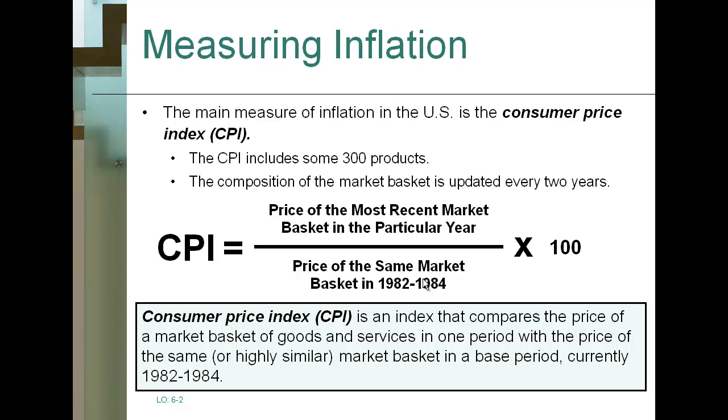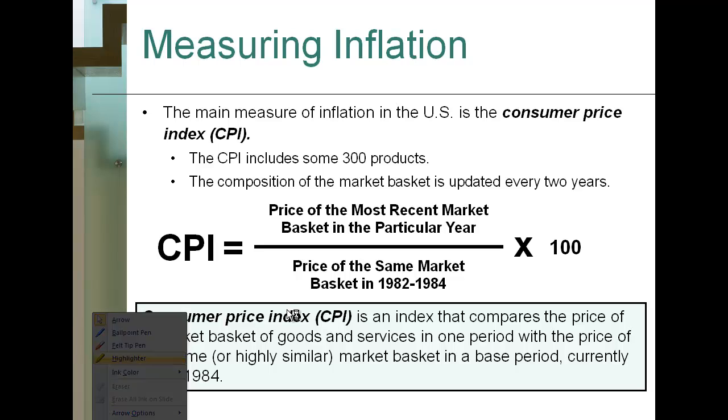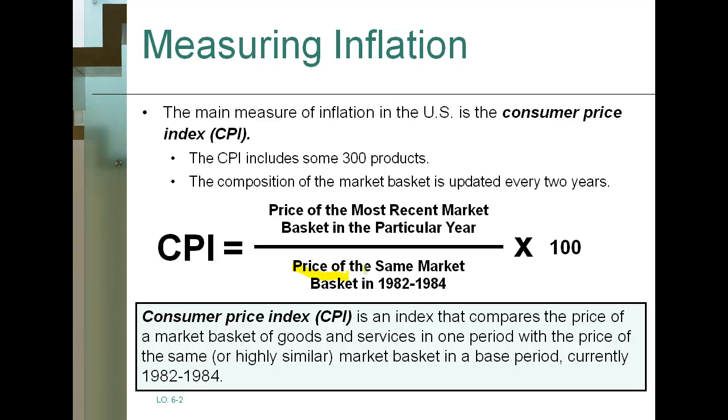We took the average price for those 3 years, and we're calling that our denominator right here. Okay, so that would be technically considered the denominator. Let me just highlight that. Okay, so you have the average price of those 300 goods and services in the years 82 to 84. That is our denominator.